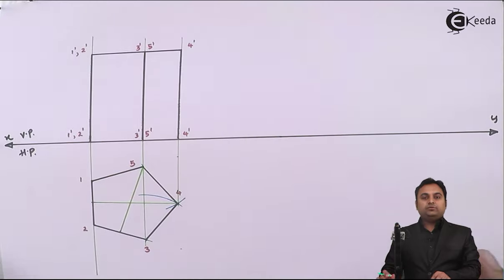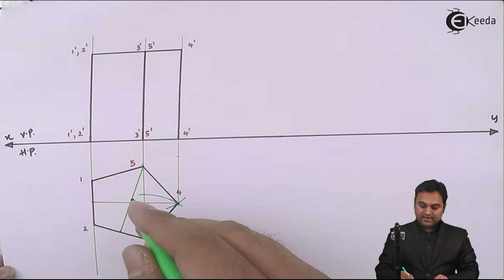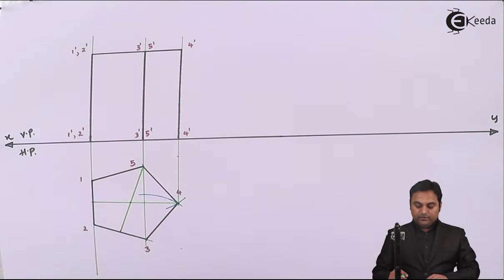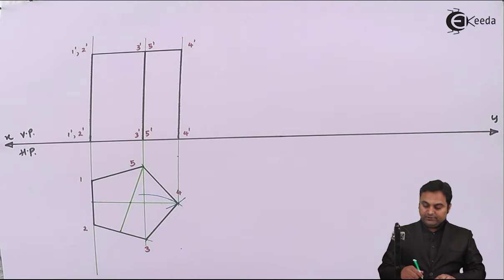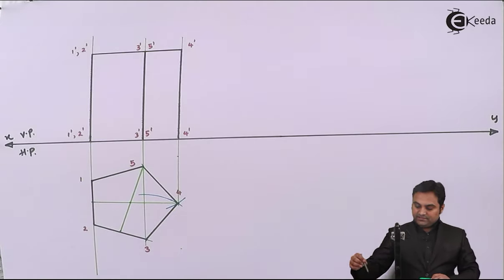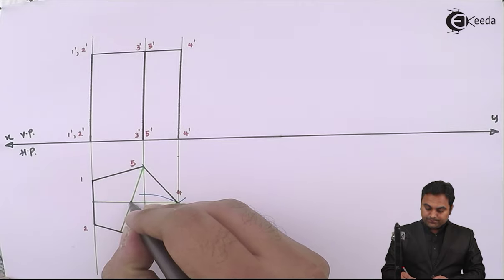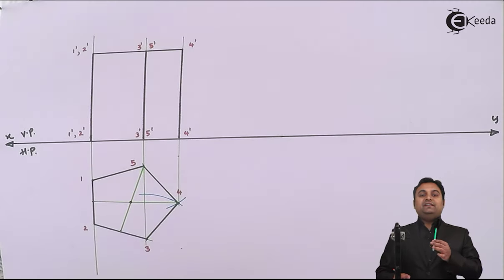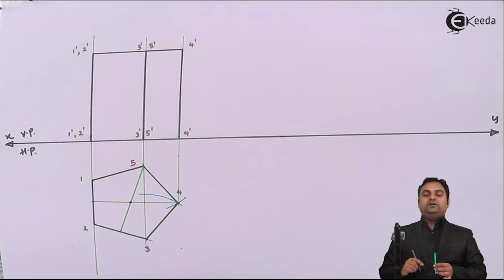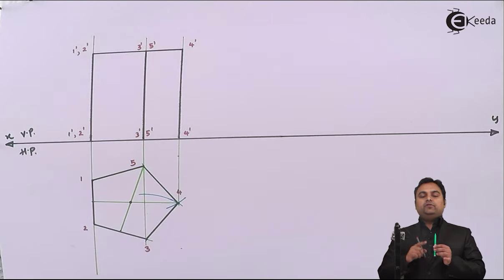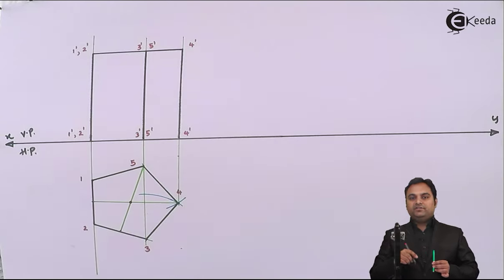Now wherever these two lines intersect, that is the axis of the pentagonal prism, which will be projected in the front view. In the top view, this axis appears as a point because it is a line. When we are seeing from top, it will appear as a point, but when we are seeing it from front, it will appear as a line.